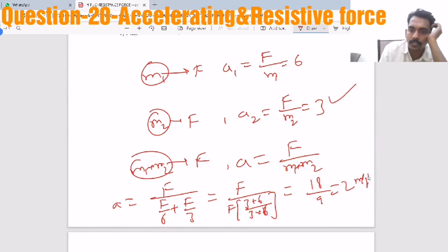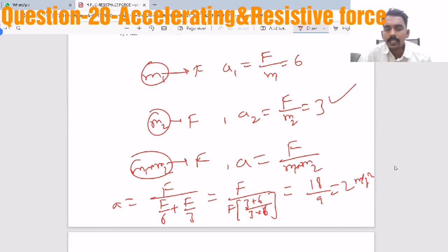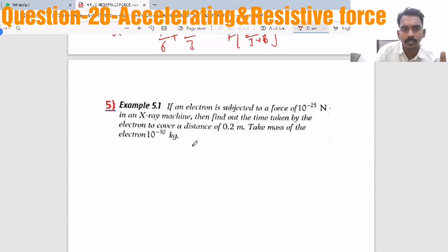So 2 meter per second square. This way, some application type of questions. Formula is the same, F equals ma, but not like a direct question. You need to understand the question. You need to write the equation for each sentence. Then you have to solve the equations whatever you have made. This is like manipulation or application of the formula whatever we are having.